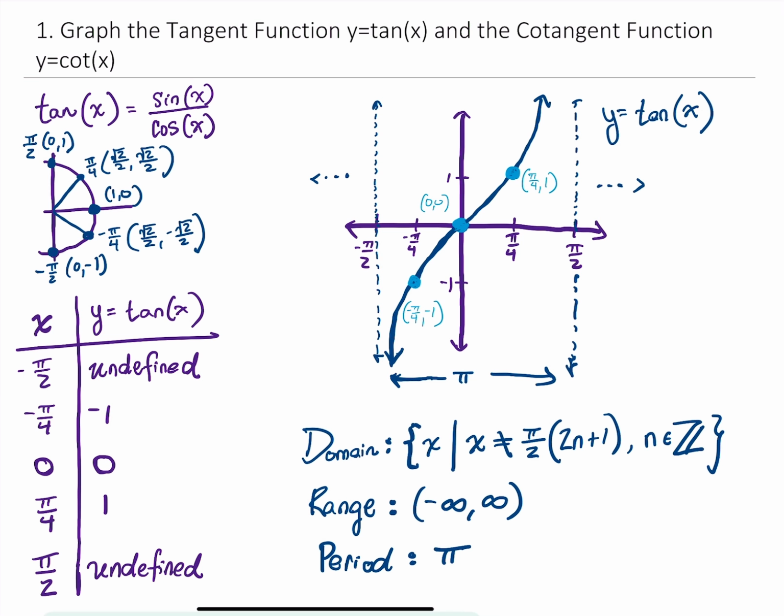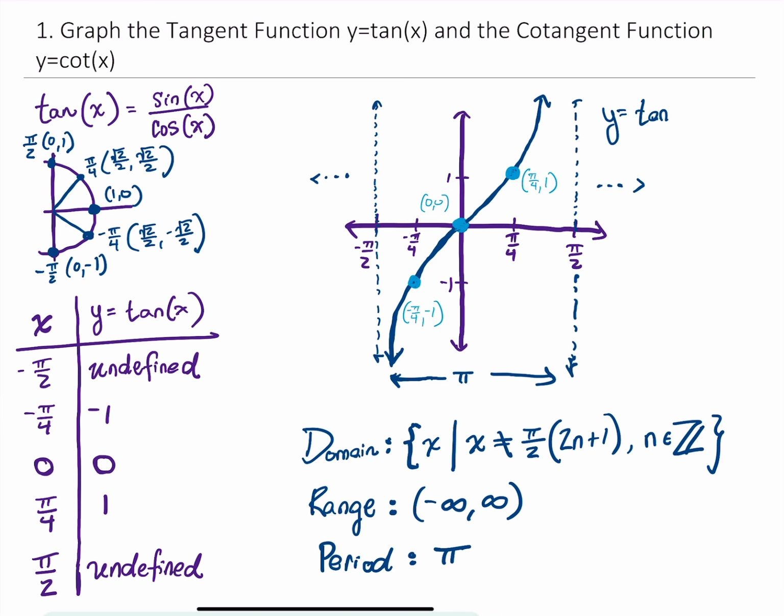So for the basic graph of the tangent, I always think about it being fit between asymptotes, and that's wherever the cosine would be equal to 0. It has a domain everywhere in between those values. And then the range is all real numbers with a period of pi.